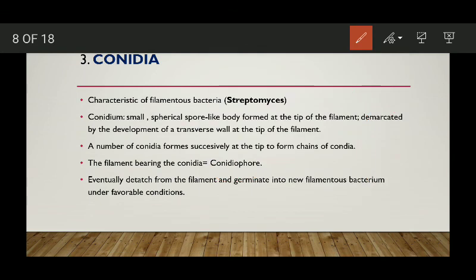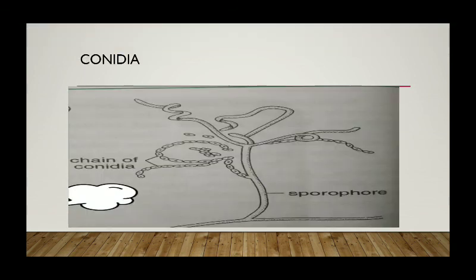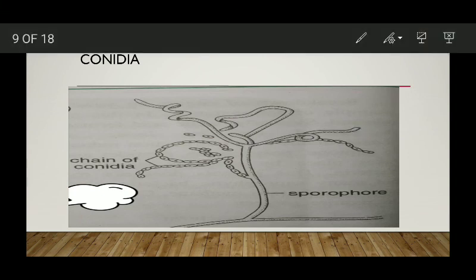Just like the buds, the conidia eventually detach from the filament and germinate into new filamentous bacteria under favorable environmental conditions. Here you can see the diagrammatic representation of conidia formation in bacteria. This is the conidiophore, or you can say sporangiophore.